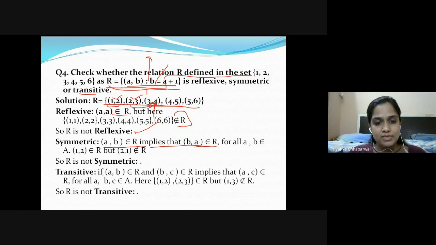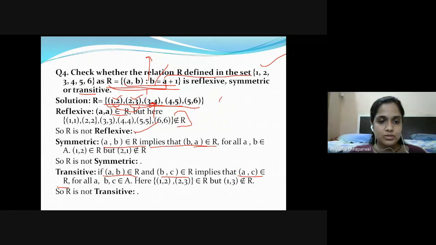Transitive means (a, b) belongs to R and (b, c) belongs to R implies that (a, c) should belong to R. Here (1, 2) belongs to R and (2, 3) belongs to R, but (1, 3) does not belong to R. So R is not transitive. So this relation on this set is not reflexive, not symmetric, and not transitive. Yes, students, is it clear?